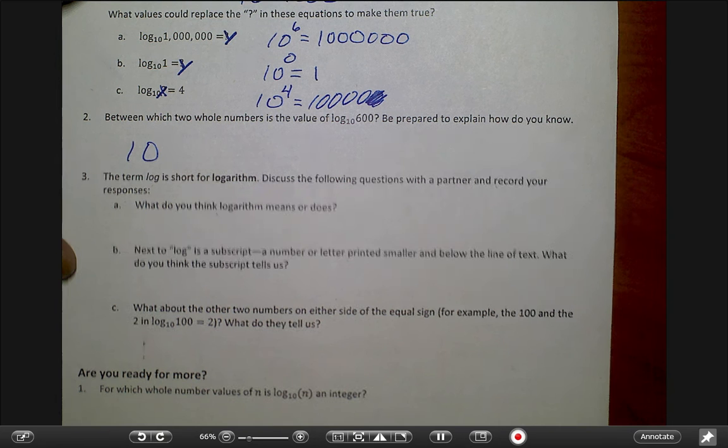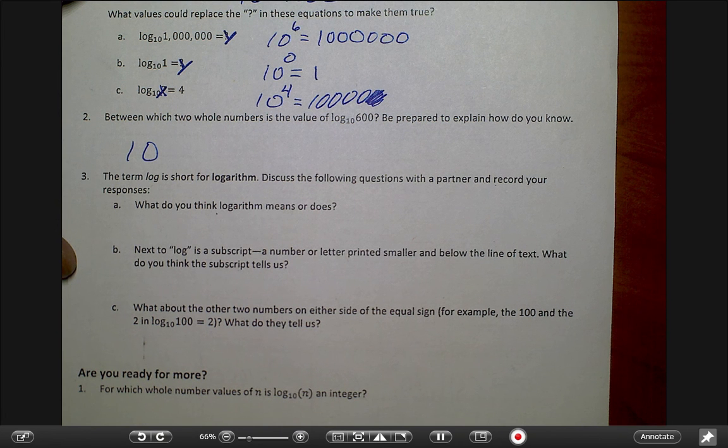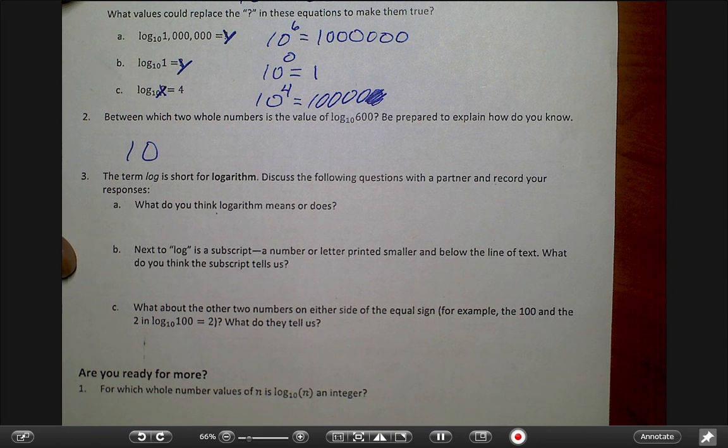There are so many zeros, I can't read. Are you rewriting it as an exponent first? You have to rewrite it as an exponent to answer this question. And you'll see why.